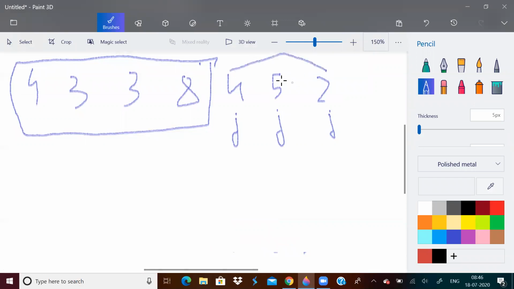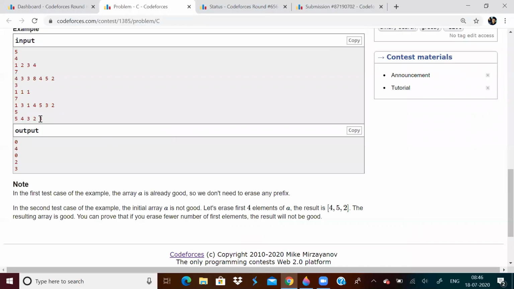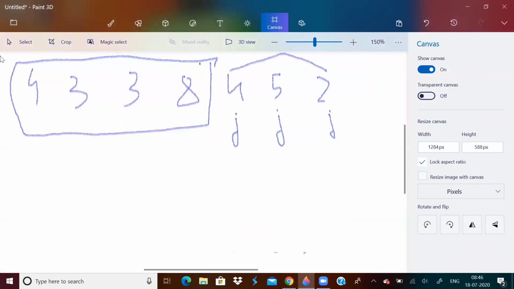I told you one peak should be there, and we are checking for that peak element. Let us see this one also, 5 4 3 2 3. I hope you understood. We very easily got the answer here. So basically, instead of the shortest prefix, we are checking for the longest suffix. Both are the same. In this case, this is a better option.